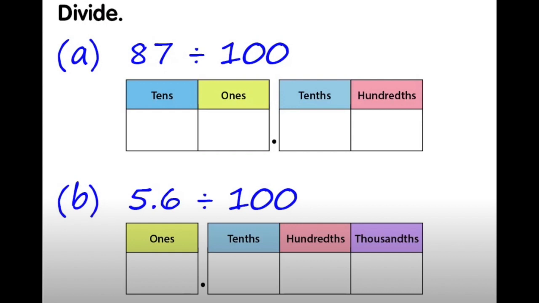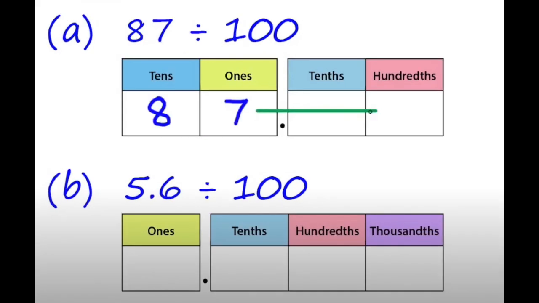So the first one for an example is actually not a decimal. We're dividing a whole number by 100, but we can still put it into our place value. So when we have 87, we're going to put the 8 in the 10 spot and the 7 in the 1 spot. We're going to divide it by 100. So what you're going to see is we have to shift the numbers over, and because it's getting smaller, we're going to shift them over to the right so the decimal goes to the left.